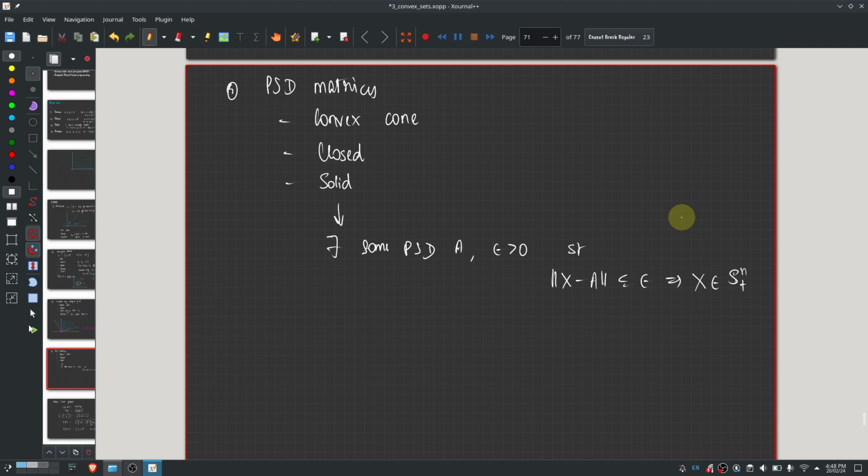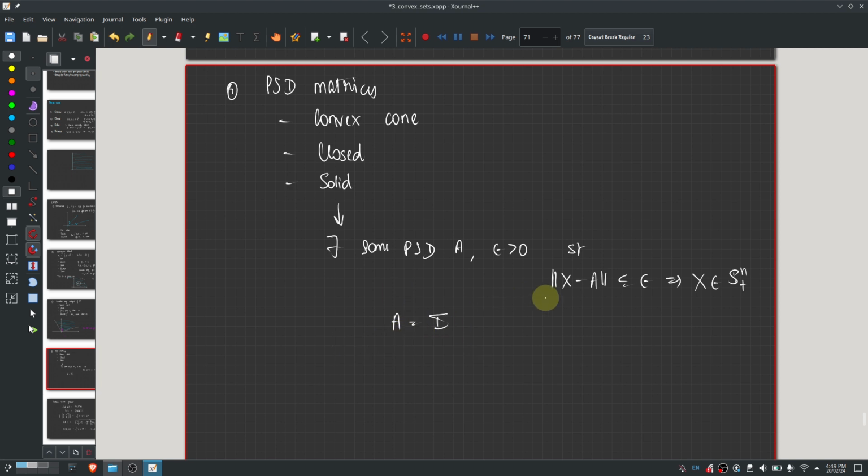Right. So let us maybe take some particular matrix. Let me take the identity matrix. Is this a positive semi-definite matrix? It is, right?